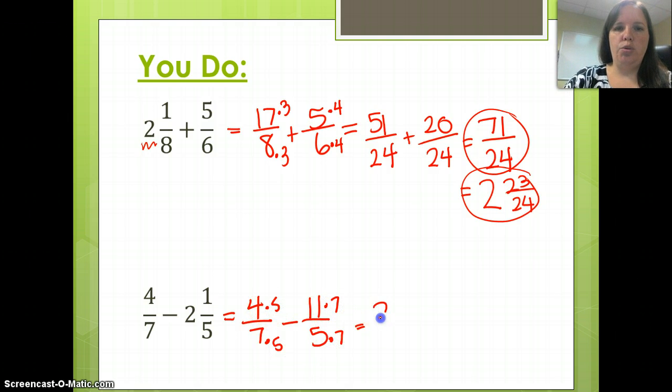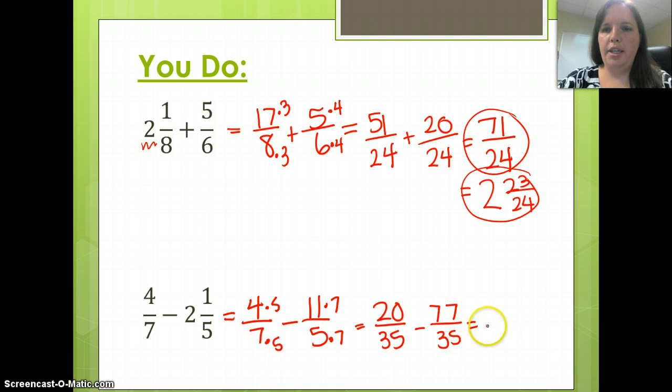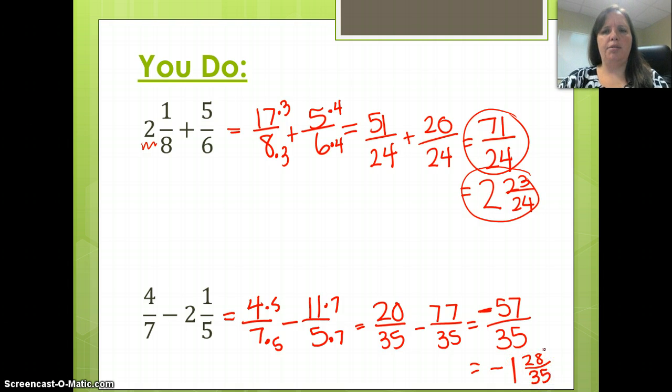So we have 20/35 minus 77/35, which leaves us with a negative number, negative 57/35, which would be negative 1 and, let me double check that number, 57, because I did that pretty quick.